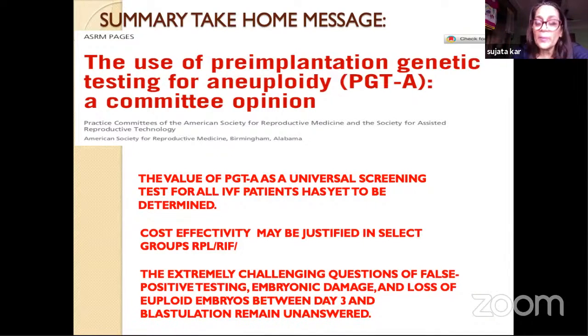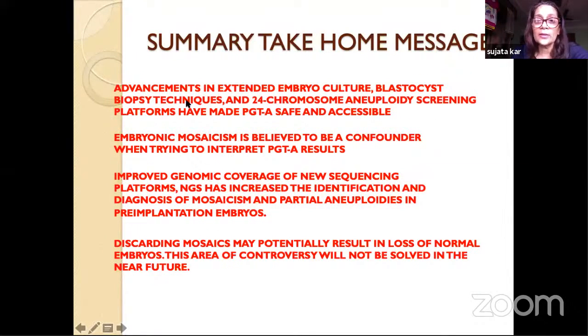Cost effectiveness may be justified in a select group of recurrent implantation failure and recurrent pregnancy loss patients only. The extremely challenging question of false positive testing, embryonic damage, and the loss of euploid embryos between day 3 and day 5 blastulation remains unanswered.